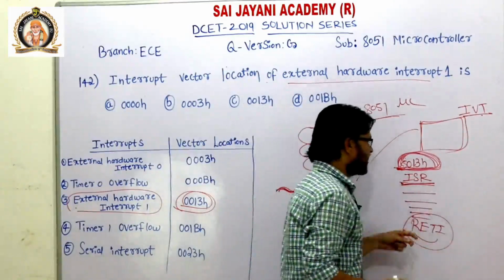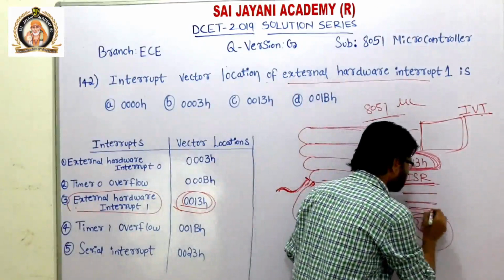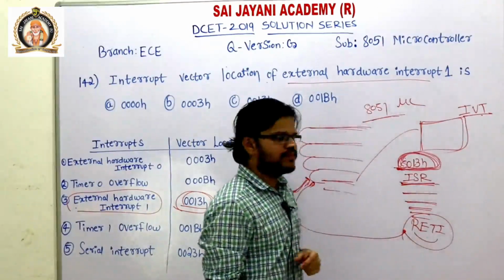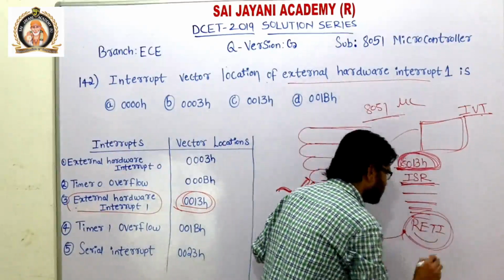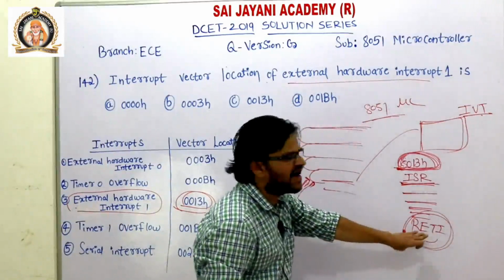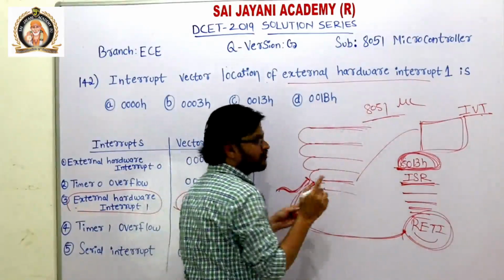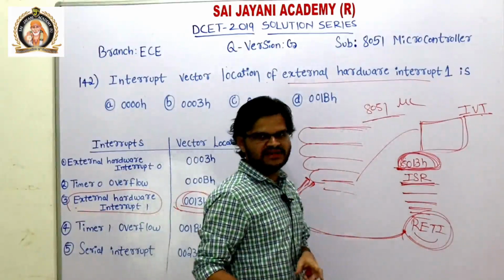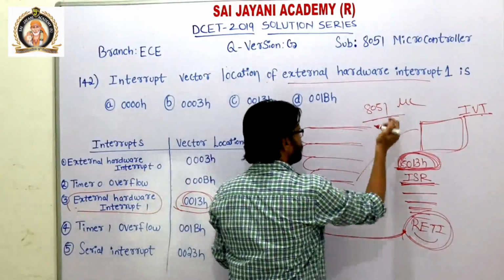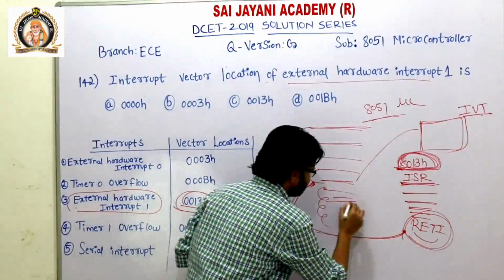In this location we have the ISR, the interrupt service routine, and it starts to execute up to the RETI instruction. Upon executing the RETI instruction, it returns to the main program where it was halted or stopped, and the microcontroller starts to execute the further instructions.